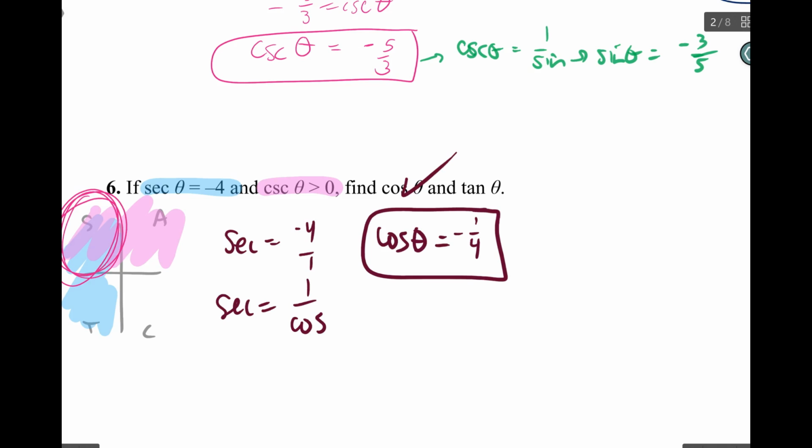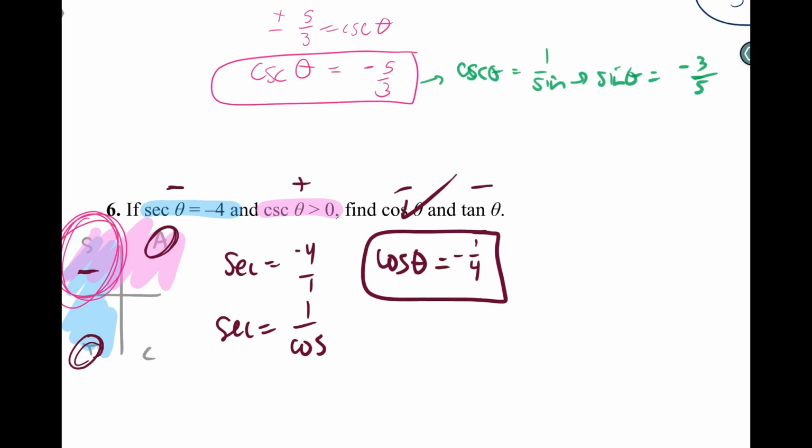Alright, so cosine should be negative, which it is. Perfect. What about tangent? Tangent should be negative as well, because tangent's only positive in the first and third quadrant. So secant here is negative, cosecant's positive. Cool. So having a negative cosine and a positive sine, we should have a negative tangent.